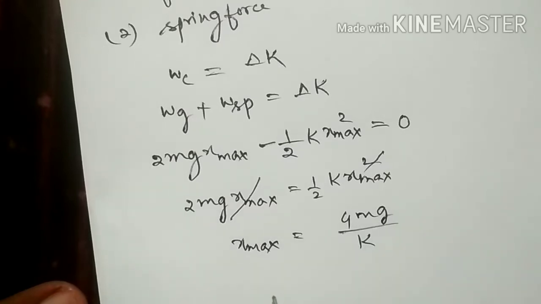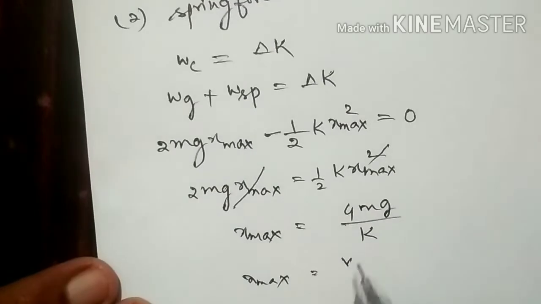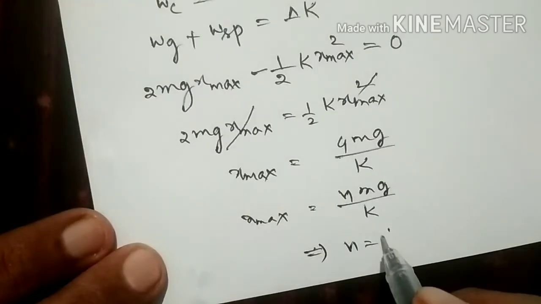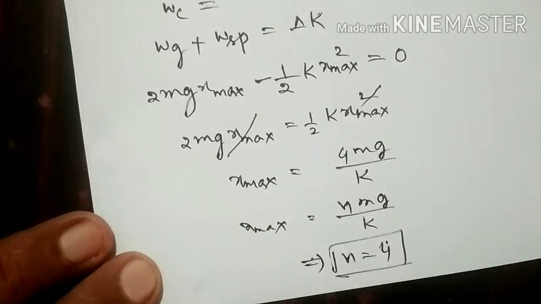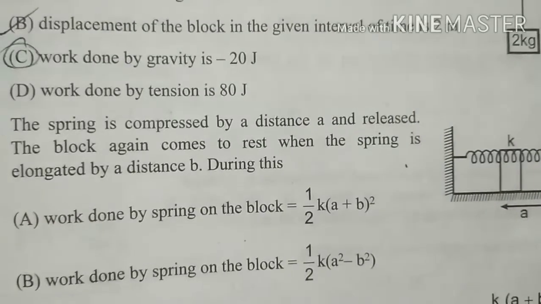If you compare this with the formula given, x maximum is equal to n mg by k, that implies n equals 4. So this is the solution, n is equal to 4. So like this you can simply apply the work energy theorem. Okay, we will see one more question.